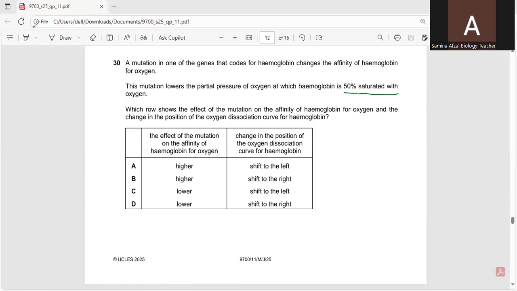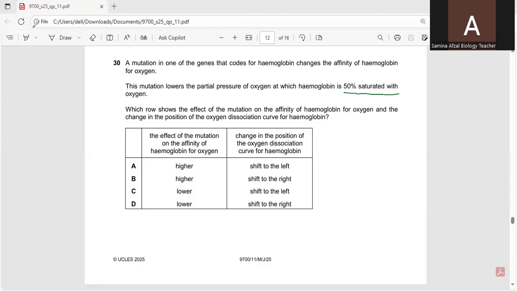First of all, I would like to tell you what the oxygen dissociation curve is. Oxygen dissociation refers to the process where hemoglobin in red blood cells releases oxygen into the surrounding tissues. When we inhale, oxygen bonds with hemoglobin and is changed into oxyhemoglobin.